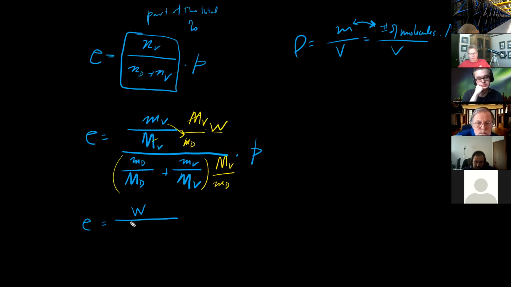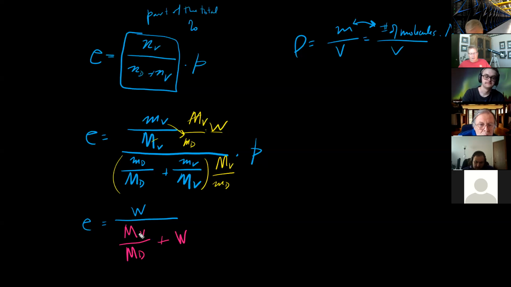I have the ratio of the molecular weight of vapor to the molecular weight of dry air. Then what's the right side? That's going to be the mixing ratio. Those cancel, right? And that's just back to W.